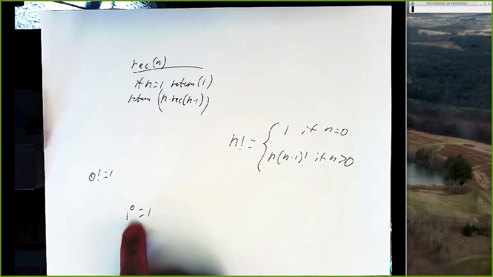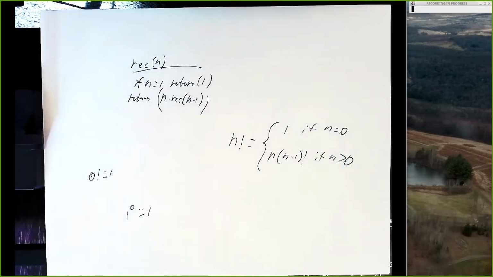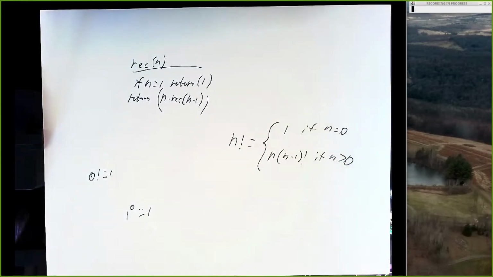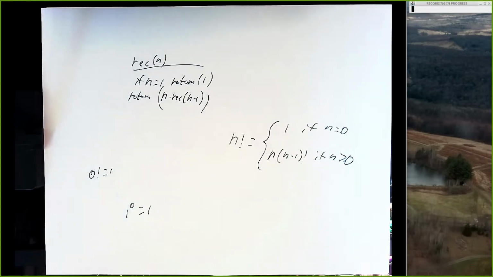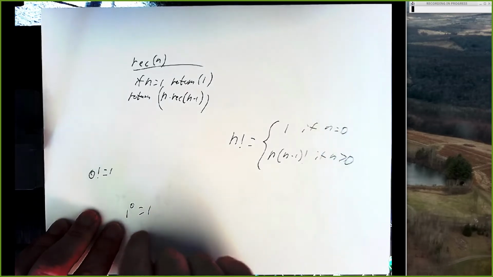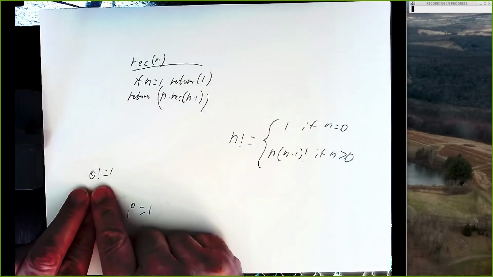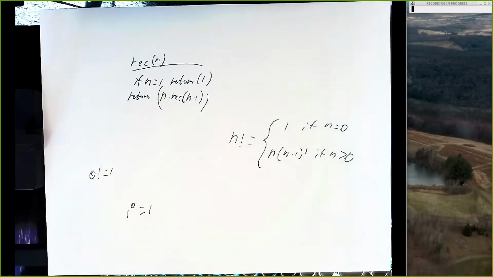The exponent of 0 means we're not multiplying it by anything, right? You're not even multiplying it by itself once, but yet somehow we still end up with a 1. The basic explanation is that this is what makes things work. If we didn't have this fact, then factorials wouldn't work in some very profound ways.